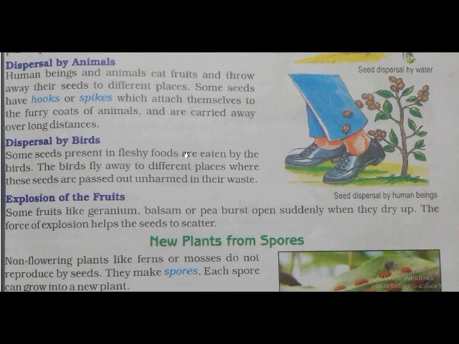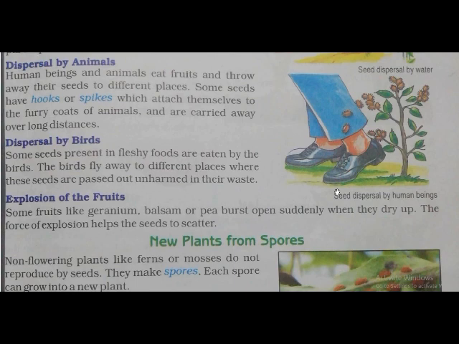Some seeds present in fleshy foods are eaten by the bird. The bird flies away to a different place where the seeds are passed out unharmed in their waste. So birds eat some seeds which have fleshy food.